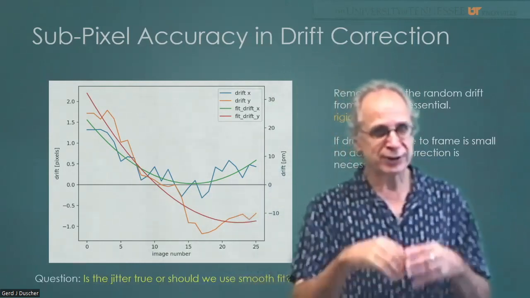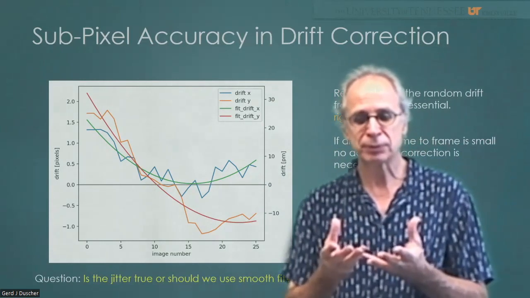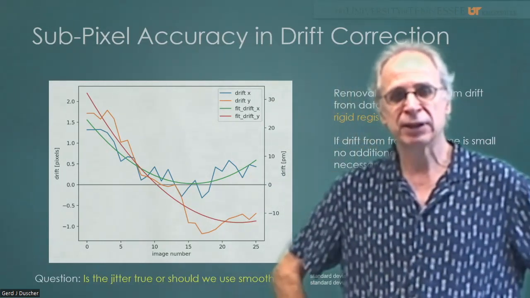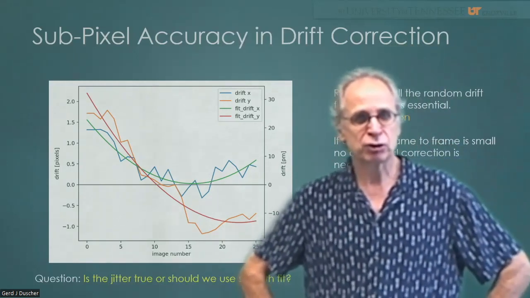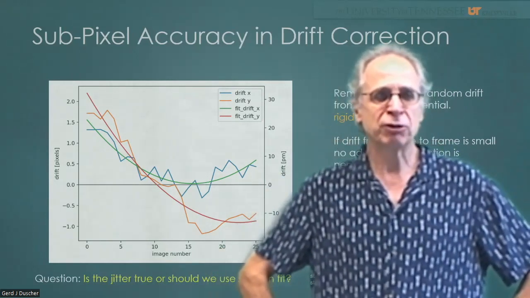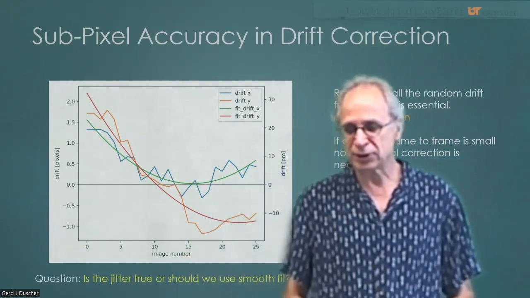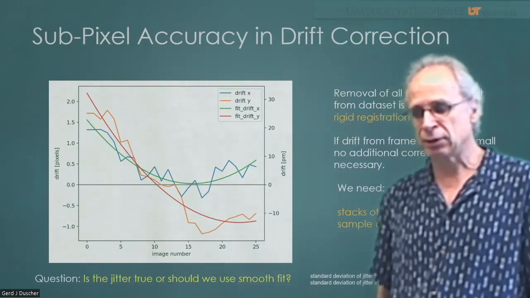So if you have a stack of images, you can make a rigid registration. In the end, it is a cross correlation from one image to the next, and then you can determine how much of a drift you had. This is one of the stacks I acquired.